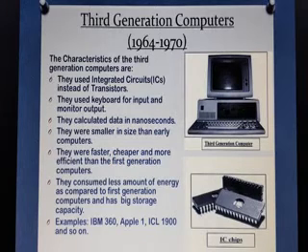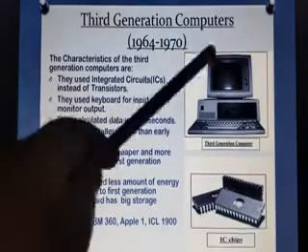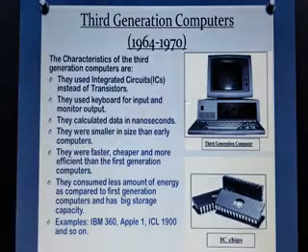Now they were smaller in size than the early computers. You have already seen the pictures of the computers in the first and second generation. Obviously you can see the difference, this computer is far smaller in size than the early computers. So the third generation computers were much smaller in size.